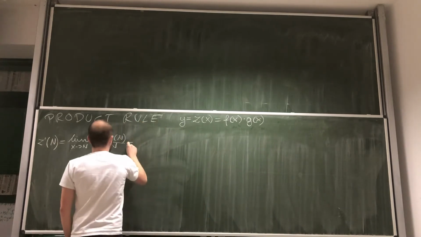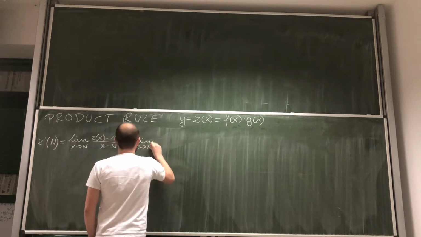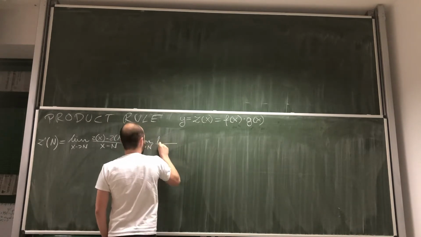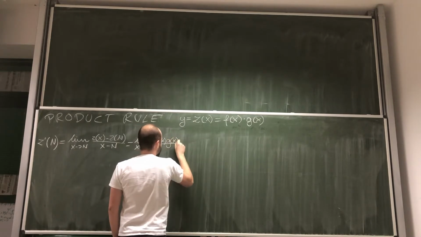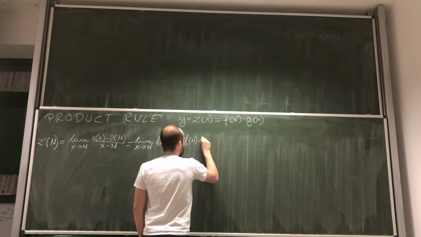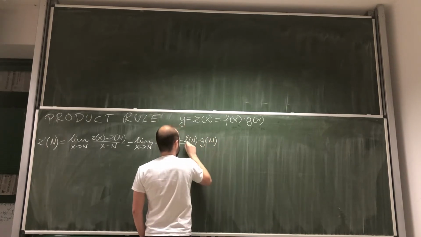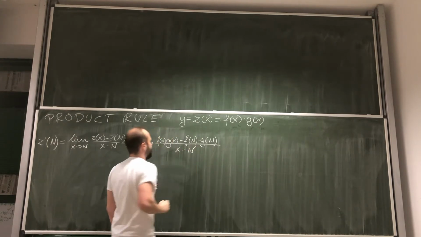So we've got the limit with x approaching n of f of x times g of x minus f of n times g of n, all divided by x minus n.